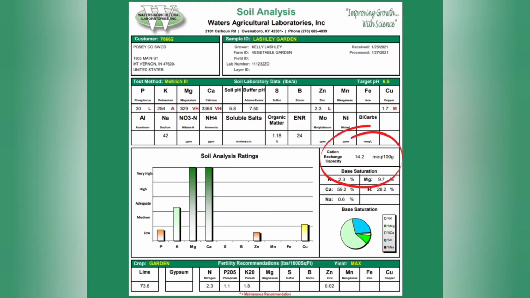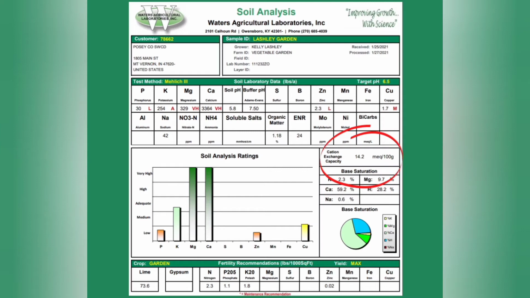The higher the organic matter is, the higher the CEC, which is short for cation exchange capacity. The CEC will be higher with the higher organic matter. So by increasing the organic matter in the soil, Ms. Lashley would be able to increase her CEC levels. And that is how well the soil can retain nutrients.